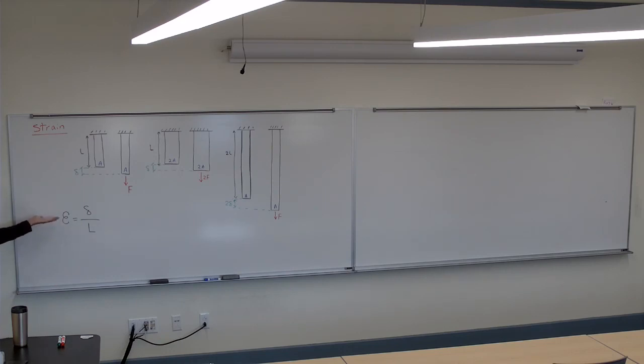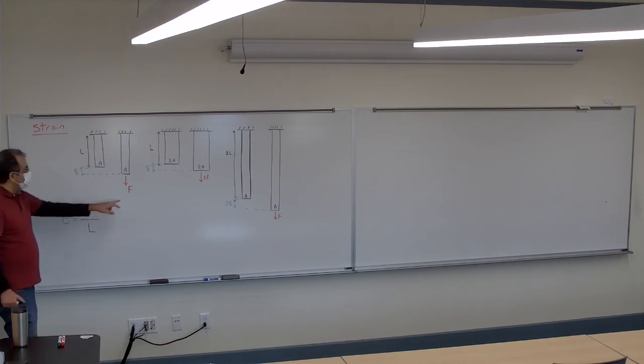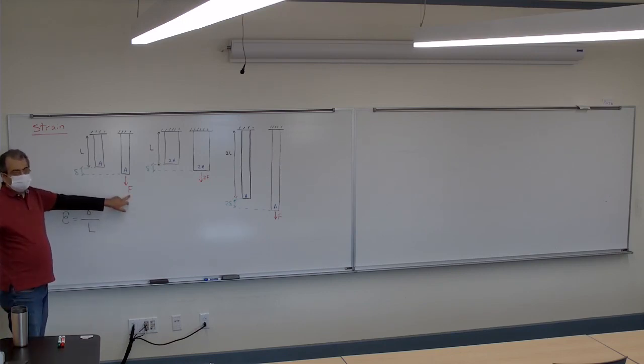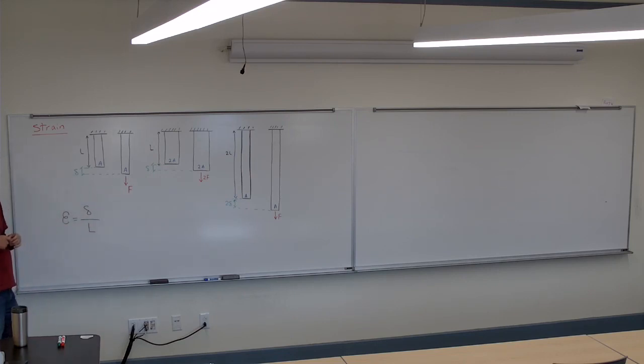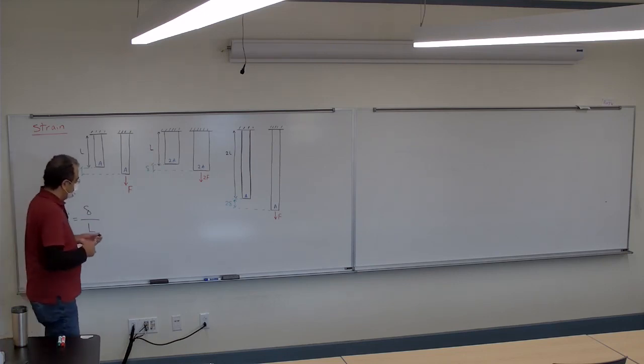It's just relative deformation. So if someone tells me it's 10 tons, I know what's the relative deformation of that member. It's called the strain. So that epsilon is the strain.